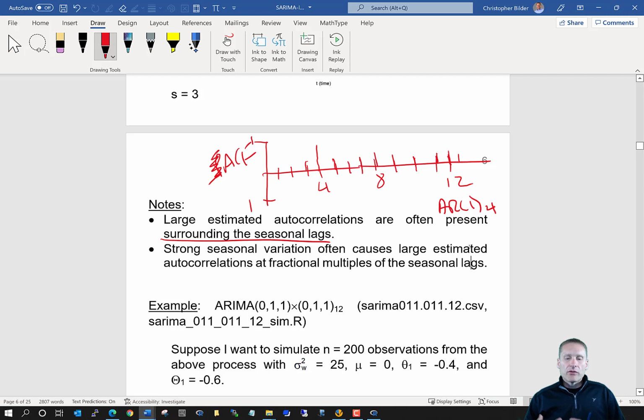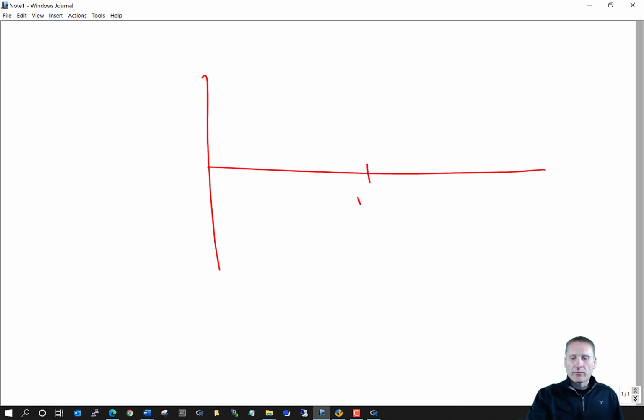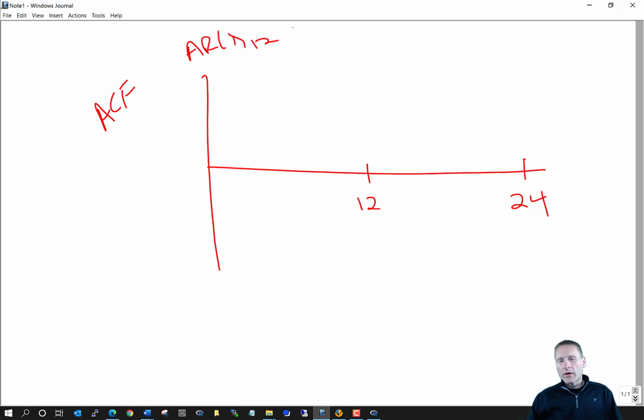Second, strong seasonal variation often causes large estimated autocorrelations at fractional multiples of the seasonal lags. What I mean by that is, imagine we have monthly data, and an ACF plot, again for this AR1, but now the season is 12.